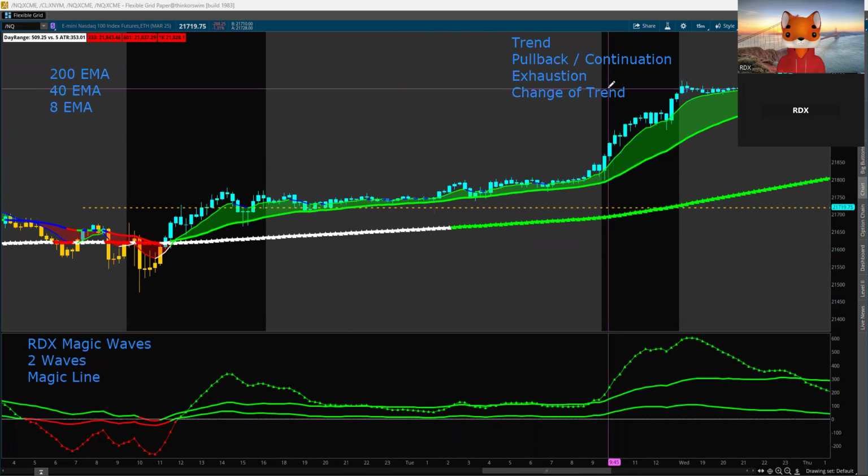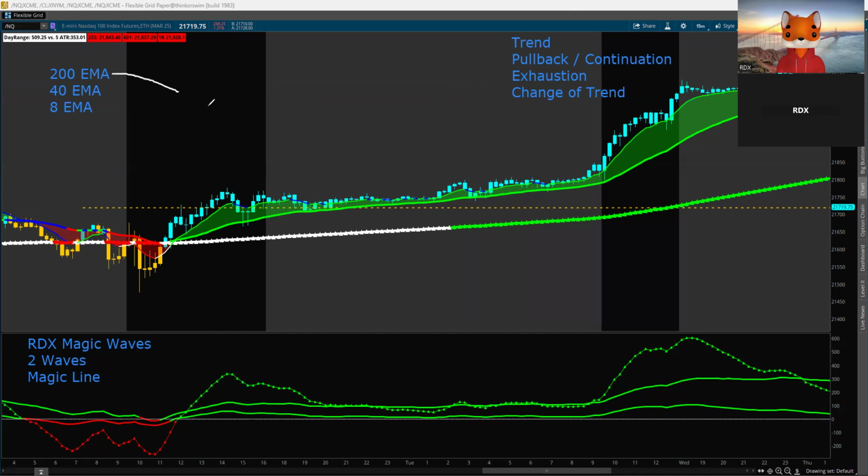So that being said, let me quickly run through the key components of my chart that I use for defining a trend, defining pullbacks and continuations, and seeing them in live markets. And then how do I define what a change in prevailing trend is?